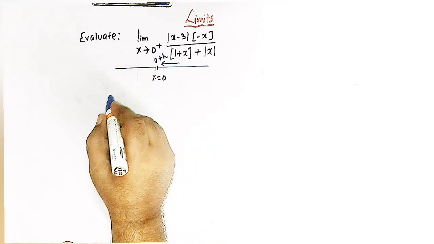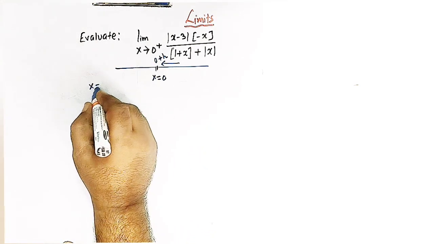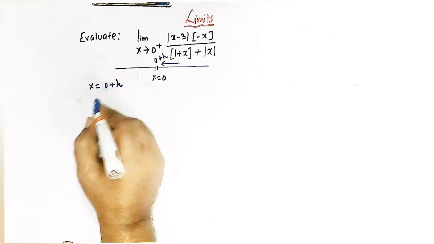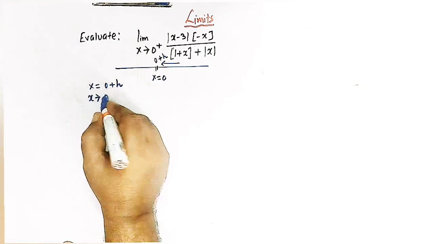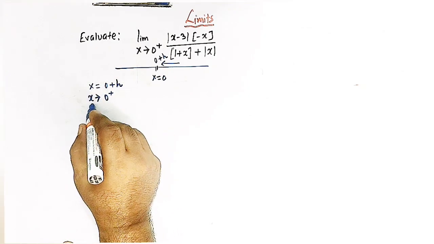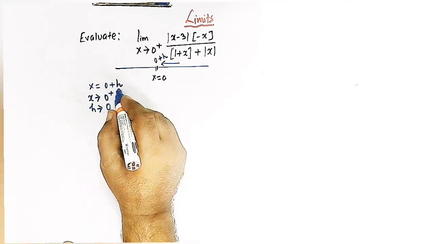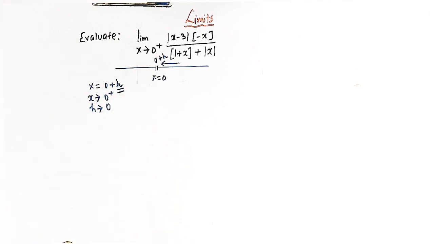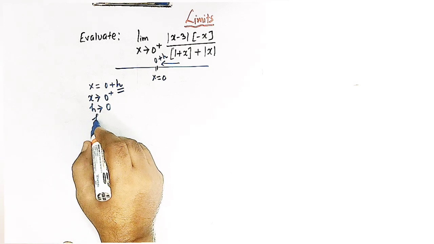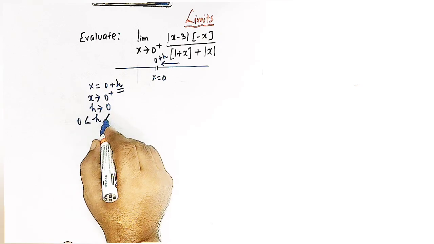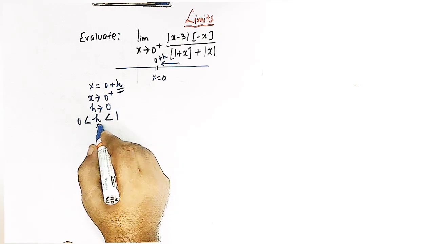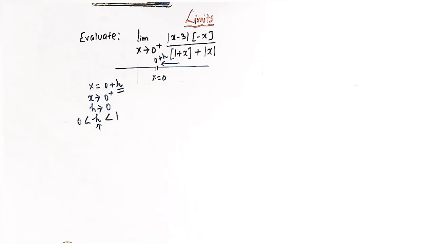So here we have to take x is equal to 0 plus h, and when x approaches 0, then h tends to 0, and remember this h is infinitesimally very small, and it is a positive quantity which lies between 0 and 1, right? So this h is very small, that is infinitesimally very small.